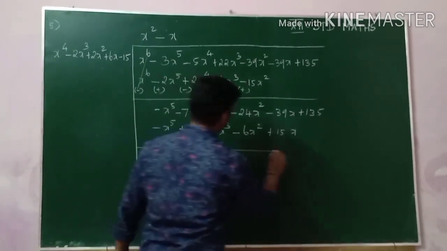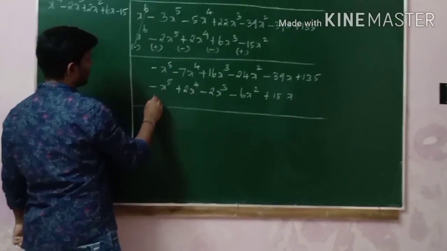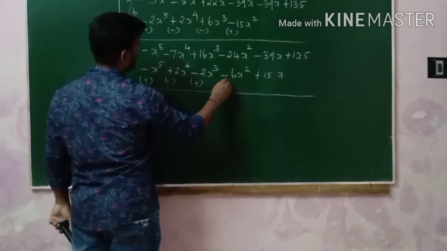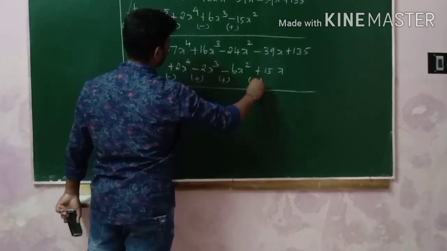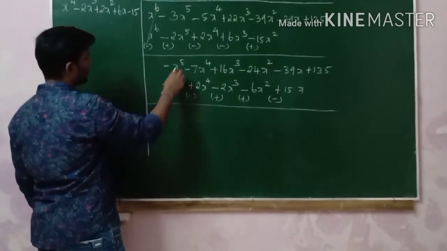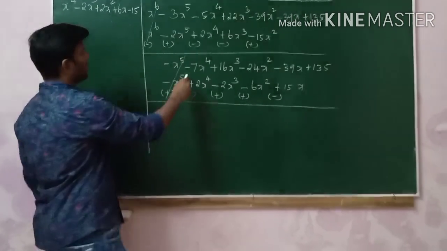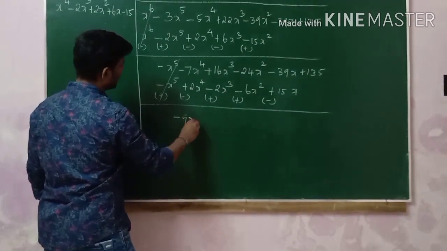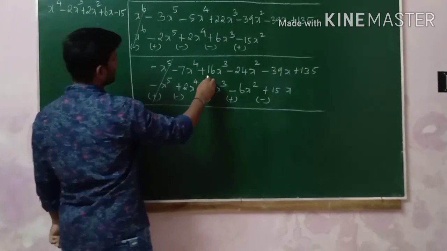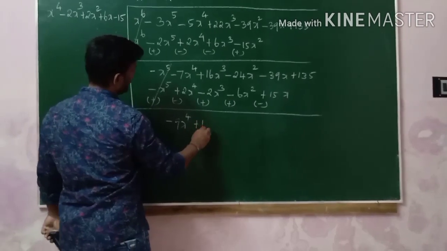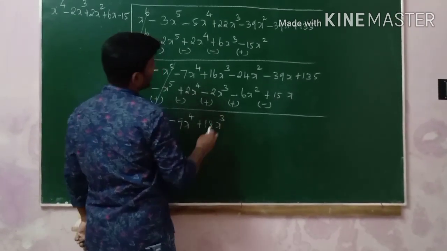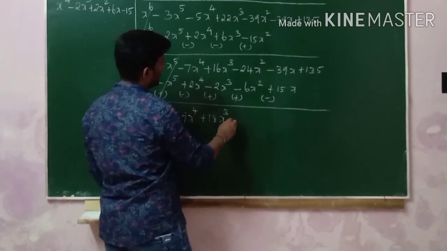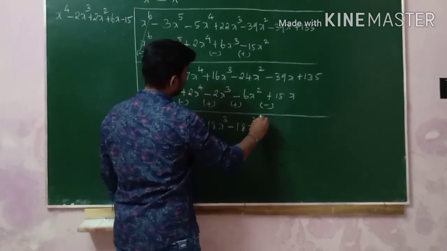Now we'll change the sign: minus becomes plus, plus becomes minus. So minus x power 5 plus x power 5 will be cancelled. Minus 7x power 4 minus 2x power 4, it's minus 9x power 4. 16x cube plus 2x cube, it's 18x cube. Then minus 24x square plus 6x square, it's minus 18x square.